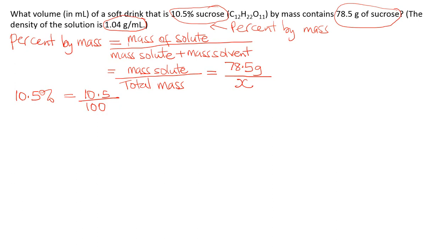We are told that 10.5% is the same as 10.5 over 100. But we also know that 10.5% of the solution gives the mass of sucrose. So what we are saying is this 78.5 grams of sucrose is 10.5% of the solution.